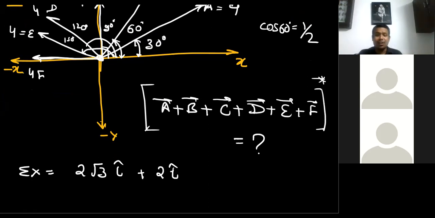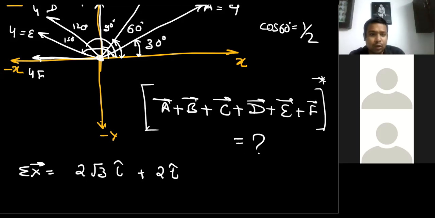Please listen very carefully. You write all x components using i cap. If you write along the y direction, the y component, then use j cap. Clear?